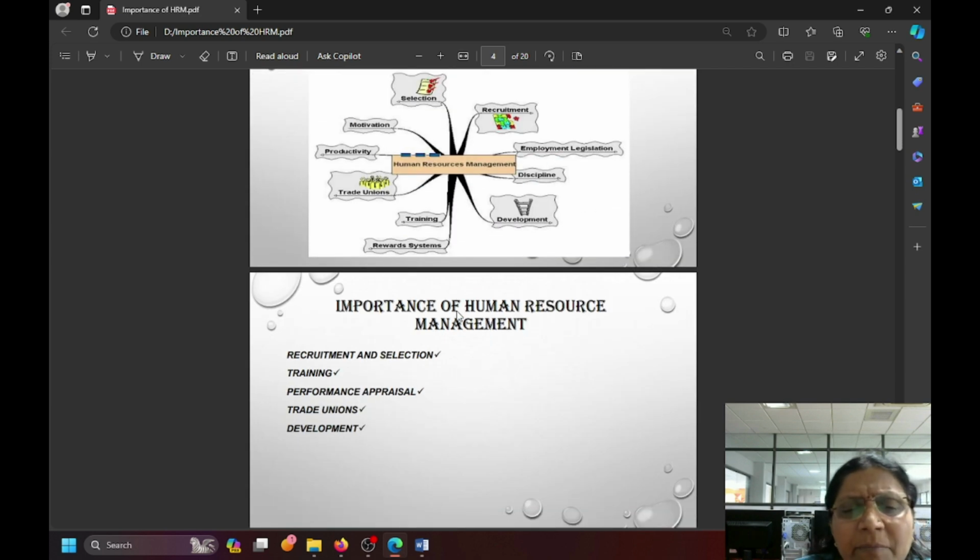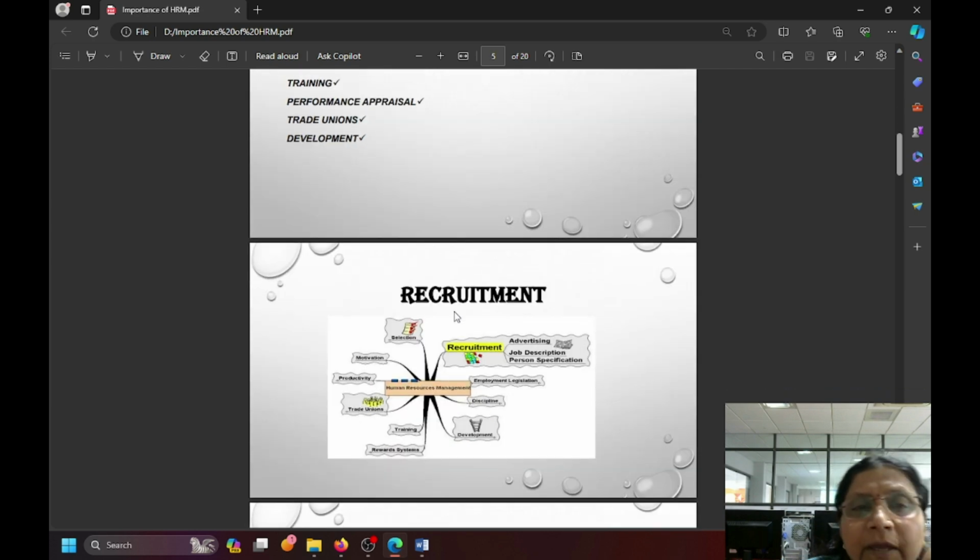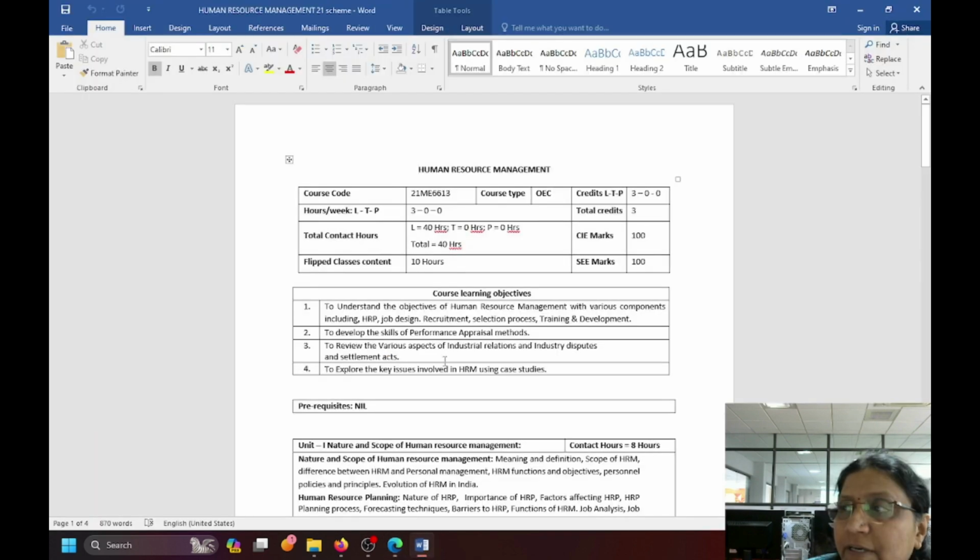So as I mentioned, recruitment and selection, training, performance appraisal, trade unions, and development are the important components of human resource management. In your syllabus, we are going to learn them one by one. As you can see here, the course learning objectives are to understand the objectives of human resource management with various components, including HRP, human resource planning, job design, recruitment, selection process, training and development.